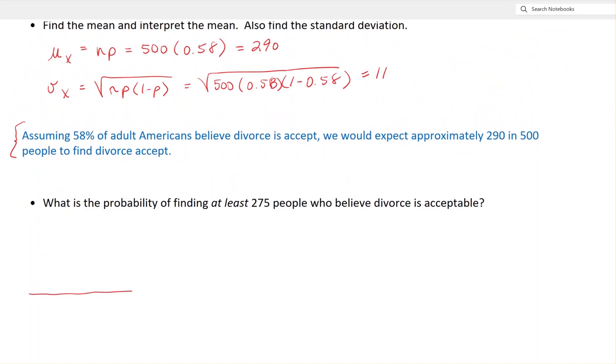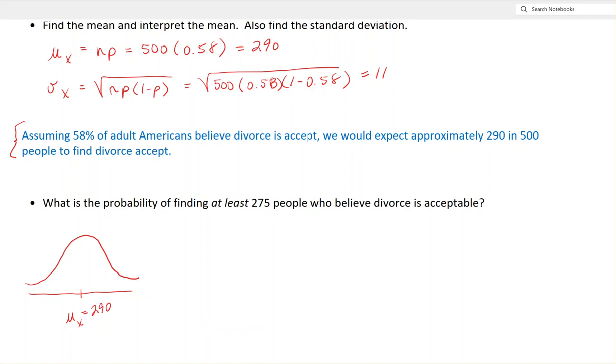And we said back in chapter 3, in order to apply mean and standard deviation, I have to be looking at a distribution that is normal in its shape. So I've drawn a bell curve here, and we remember that in the middle of that curve is our mean. So here's our mean, and we calculated that mean for this problem to be 290 people. And then, of course, we have our standard deviation of 11.